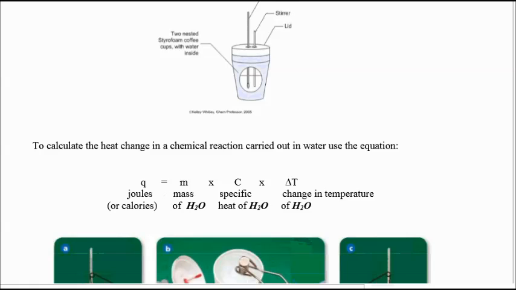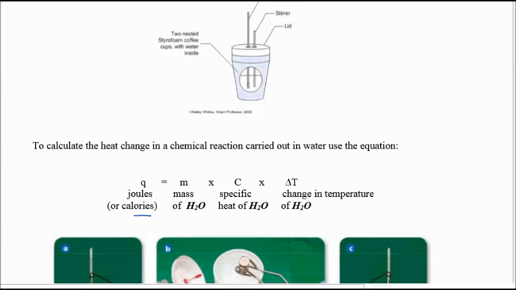The difference is that instead of looking at just the object, we are going to place an object into a cup of water. And we're going to measure not the object, but the water that it was placed into. So calorimetry uses the same formula.